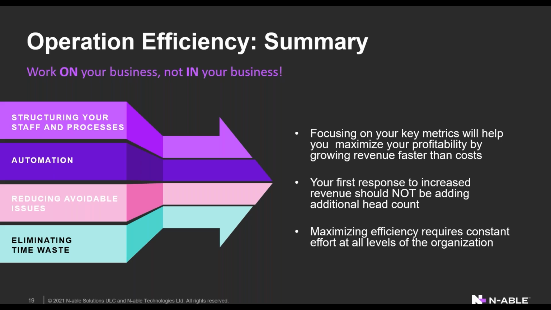Okay. A good rule of thumb with this would be top median quartile MSPs manage 300 devices per technician. Best in class, exceptional MSPs manage 1,000. That is a huge jump.